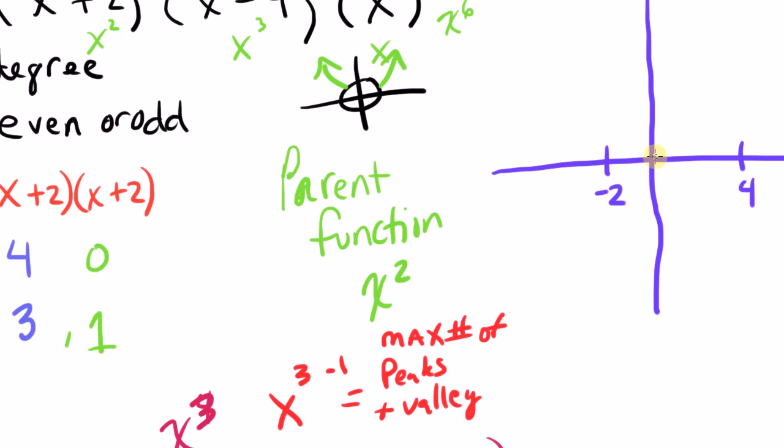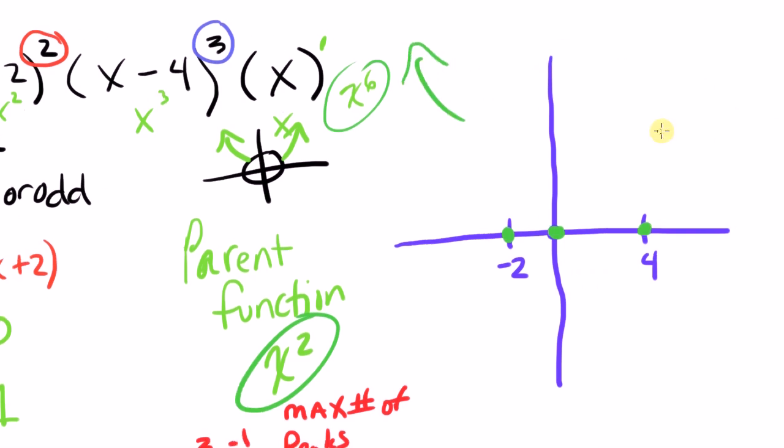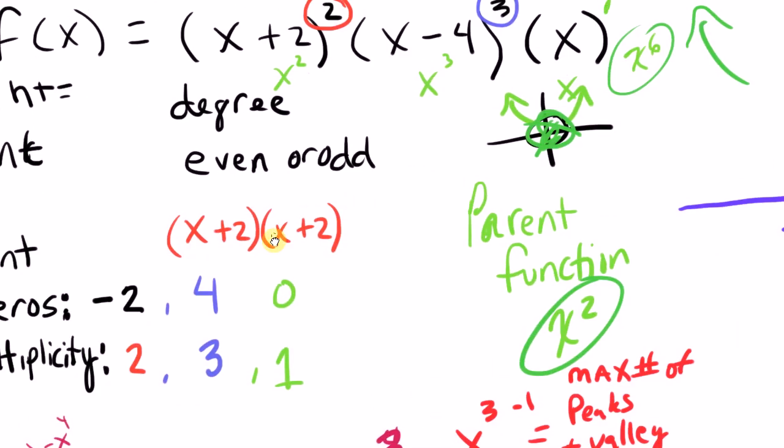Grab a new color here. We said that its parent function was x squared. So it's going to have this end behavior. I think I might have introduced a new word for you. This is what happens at the end of the graph. Remember, I don't care what happens in the middle. I figured that out through zeros and y-intercepts. Did we figure out a y-intercept? No.